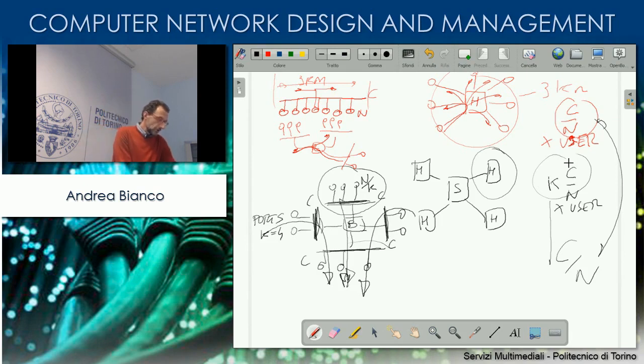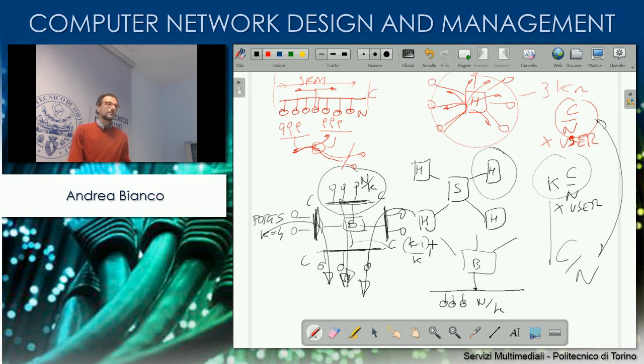Yes, that's the point. So all the traffic goes here, right? Now, if you analyze this network, you have several users. How many? N divided by K plus the bridge or the switch, it doesn't matter. And this bridge represents through 3 ports the other K minus 1 times N over K users.